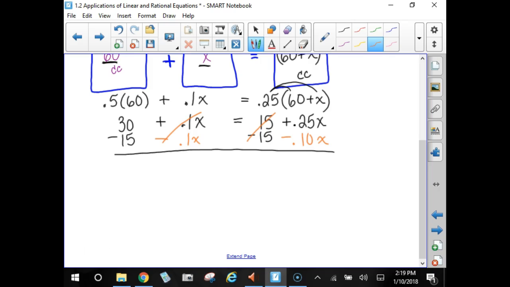30 minus 15 is 15 on the left-hand side. On the right-hand side, 0.25x minus 0.1x is 0.15x. Now we're going to divide both sides by 0.15 to solve for x.